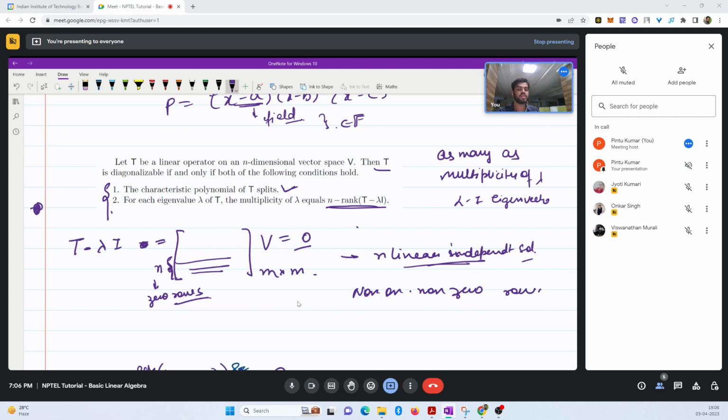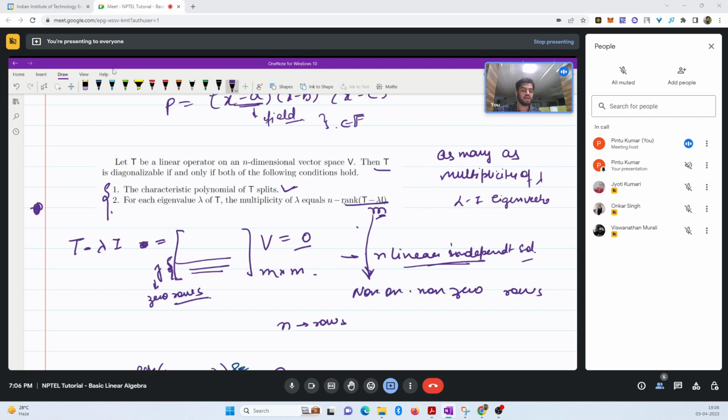So they didn't want to write it in the form of 0 rows. So what they did is they wrote it in terms of rank. I have just used a very bad notation over here. Let's call it j, we have j 0 rows. So let's say we have total n rows, out of which, let's say, m of them are your non-zero rows, because rank is, let's say, m.